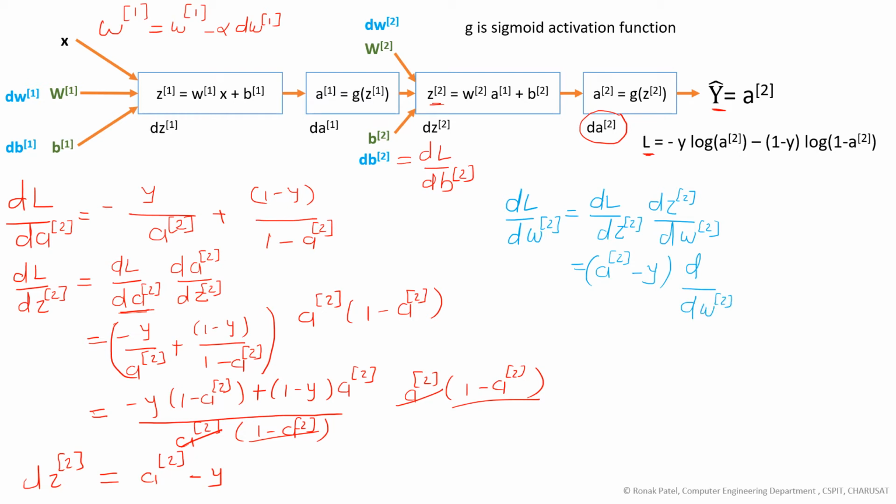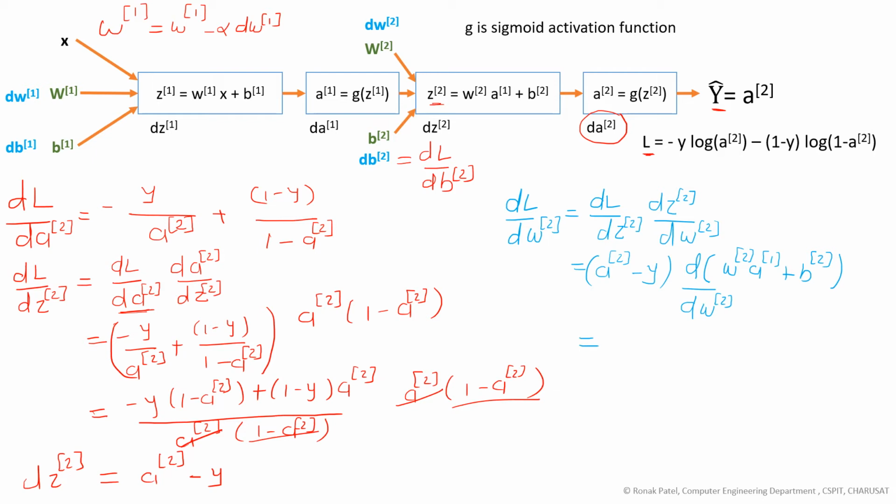What is z2? See this, z2 is w2 a1 plus b2, right?